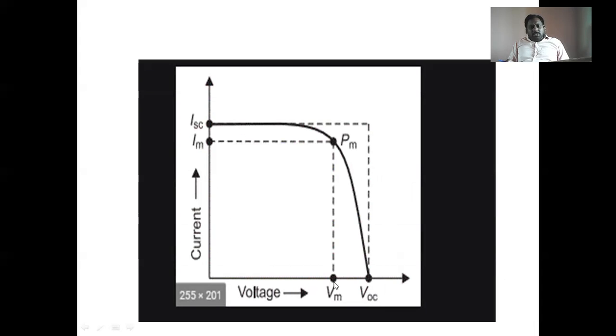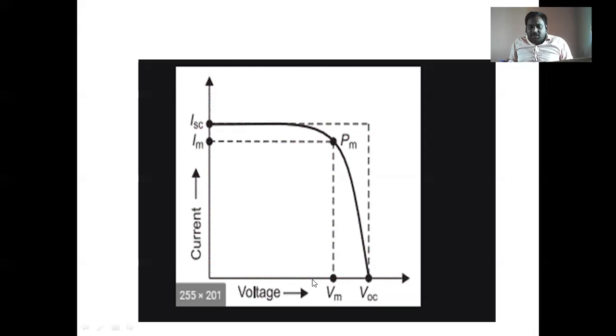With voltage on the x-axis and current on the y-axis, we are talking about Im and Vm only. The potential difference can be obtained when a voltmeter is connected between two ends of the solar panel. This is the voltage.